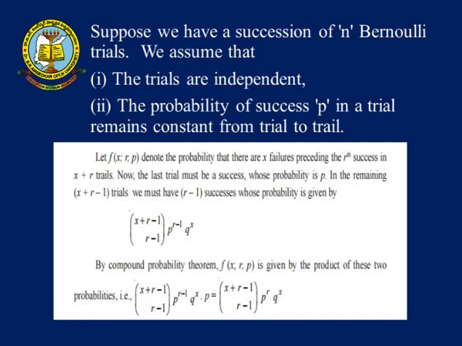By the compound probability theorem, f(x, r, p) is given by the product of these two probabilities, that is x plus r minus 1 C r minus 1 into p to the power of r into q to the power of x.